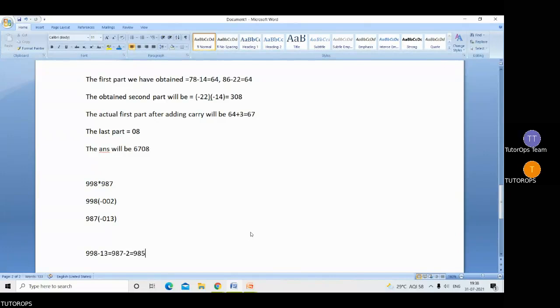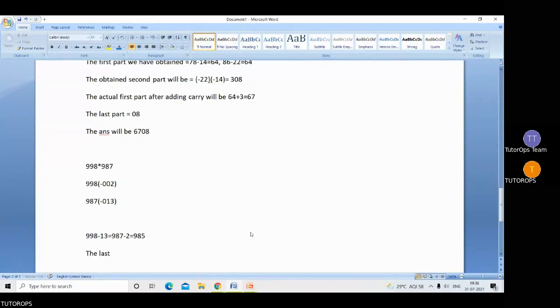I repeat, the cases here are similar. Now I need to multiply the deficiencies. So the last part will be minus 002.